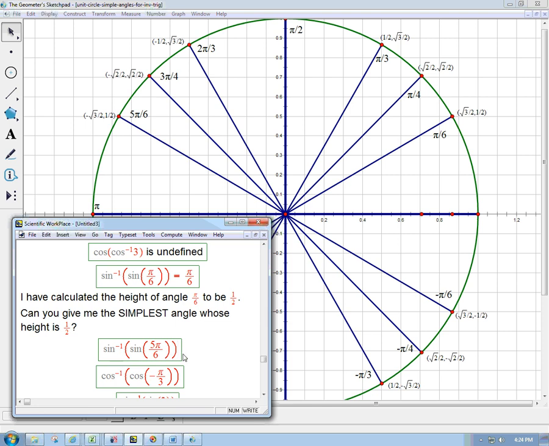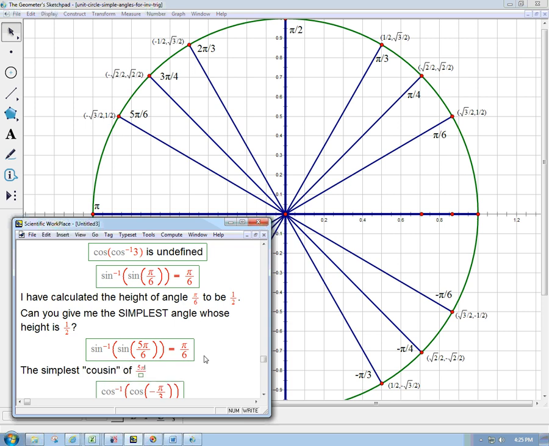I like to call this, well, let's just write down the answer. It's equal to, sorry, pi over 6. Because that's the simplest point with the same sine. So I call this the simplest cousin of 5 pi over 6.